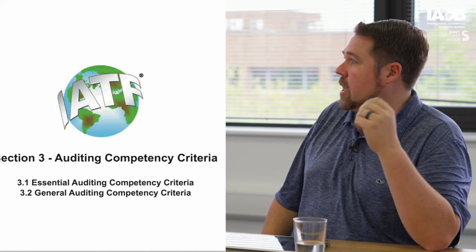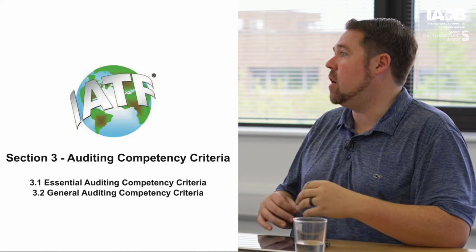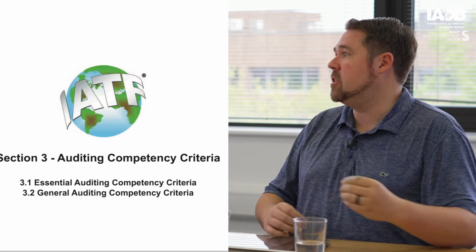The third section is the auditor competencies and what the IATF expects auditor skills to be for each of those competencies. Right, okay, and I guess that's the section that, if I'm an IATF certified company and I want to define criteria for my internal or second-party auditors, will probably be the most relevant to me there. Yes. Would you agree?